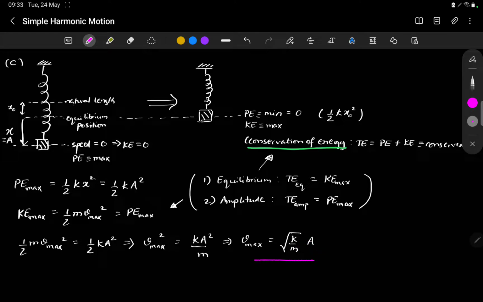So knowing the value of the amplitude, we will come to know the value of the velocity.